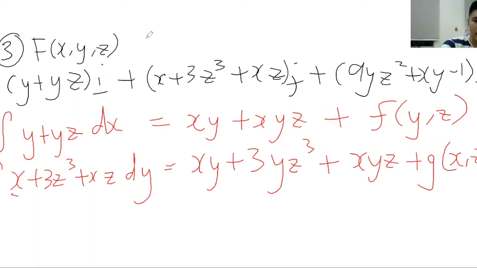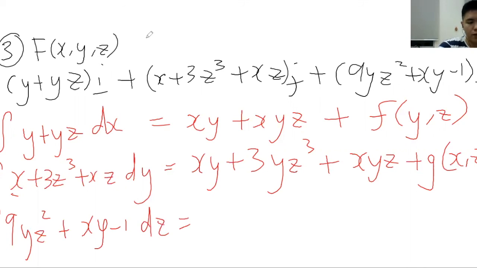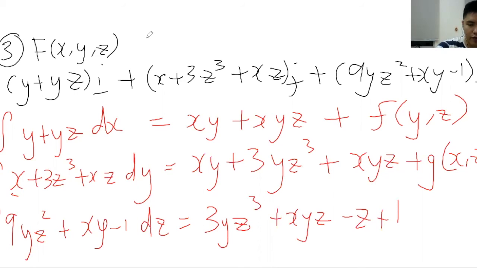Okay, and continue. Next, dz. So z squared, z squared plus 1 is z cubed divided by 3, so we get 3z cubed here plus xyz minus z plus a function of xy.